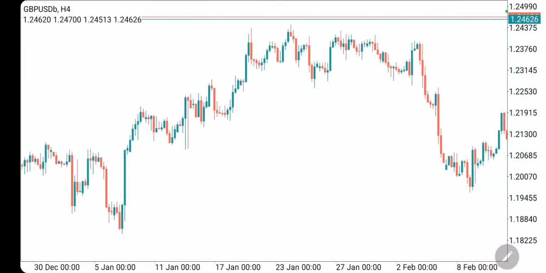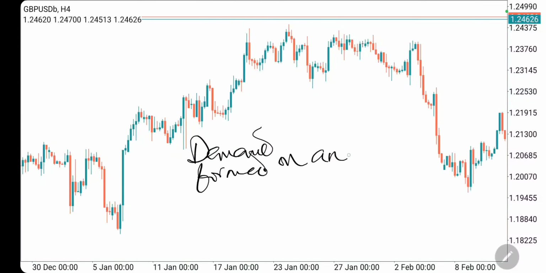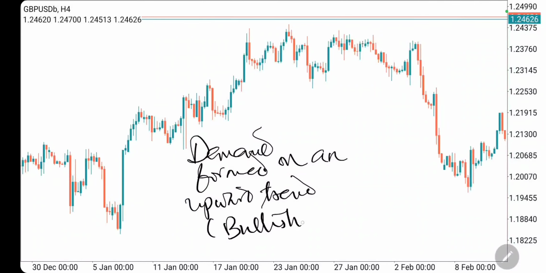So a demand zone formed on an upward trend, which is the same as a bullish trend, has a higher probability than a demand zone that is formed on a downward trend.